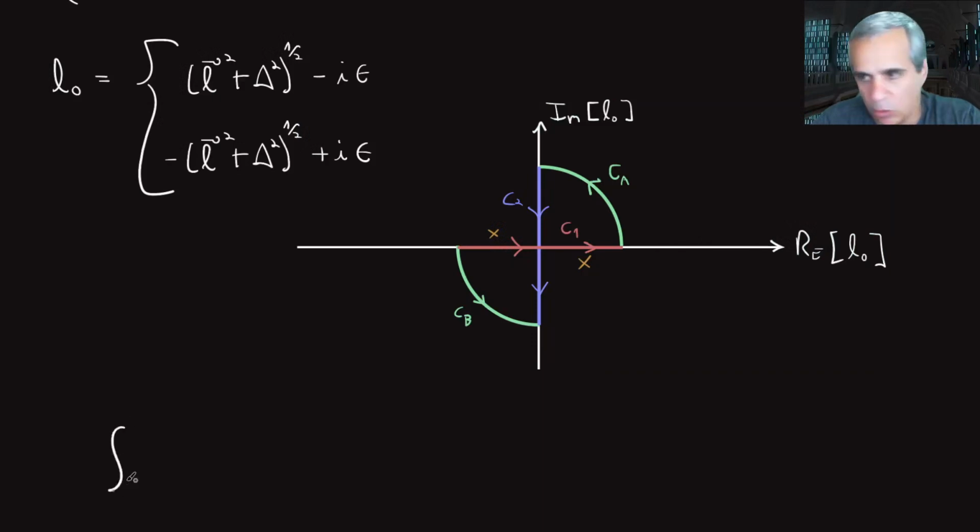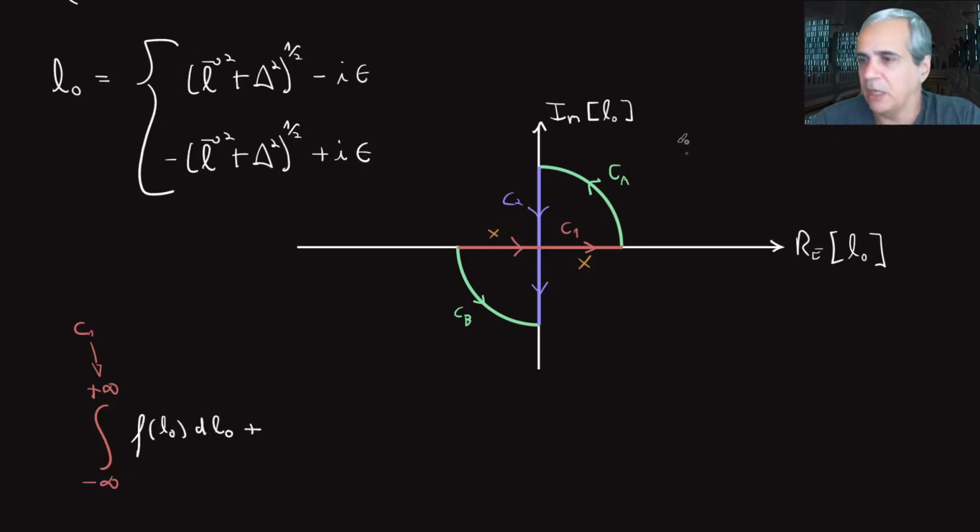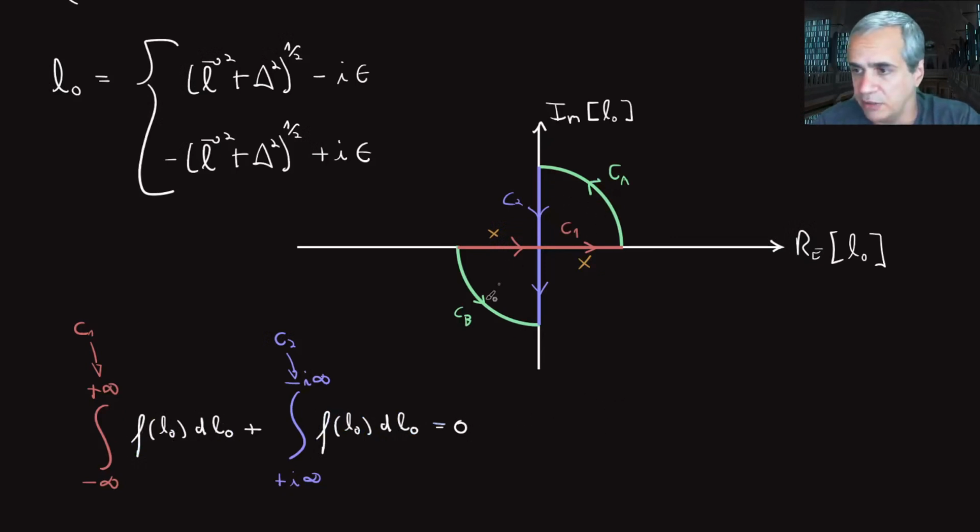So the integral over path 1, from minus infinity to plus infinity, which is what C1 tells me to do, of any function of L0, dL0, plus the integral along the blue curve, C2, that goes from plus i infinity to minus i infinity of the same function, should be 0 due to Cauchy's theorem.